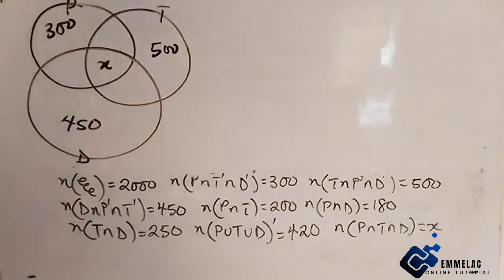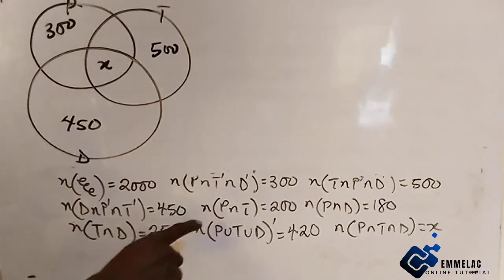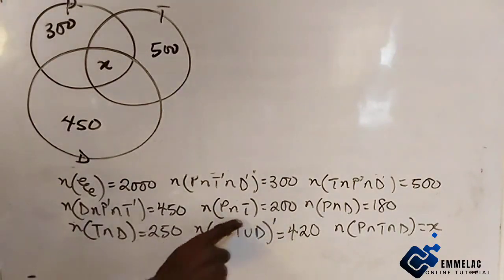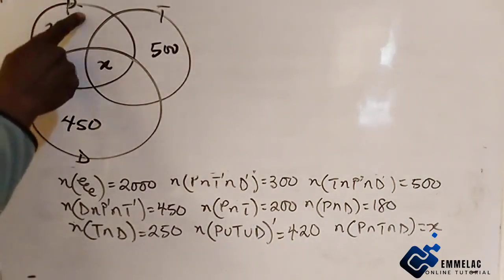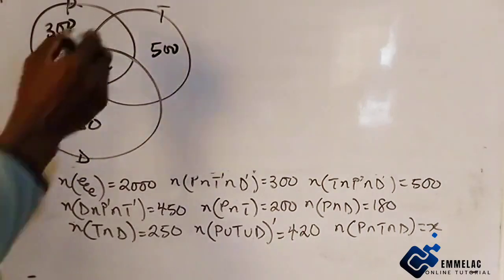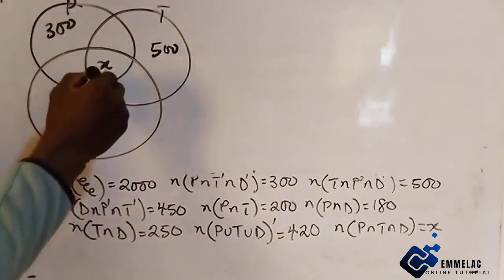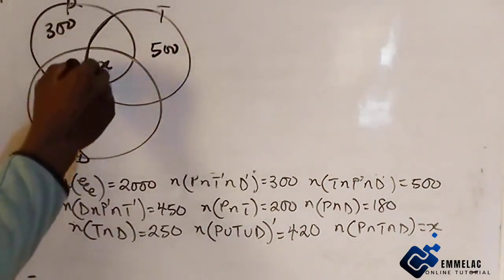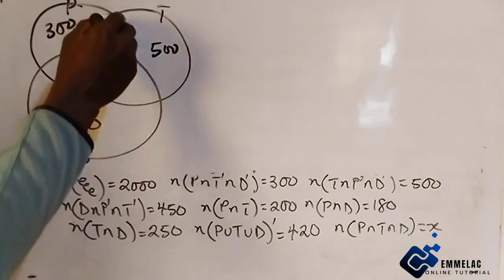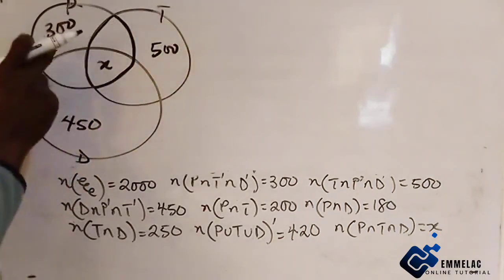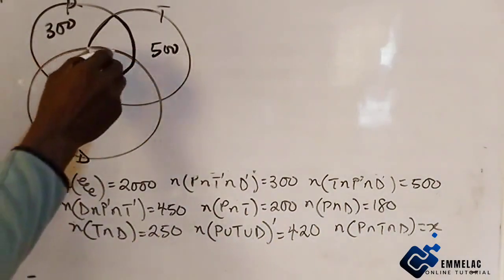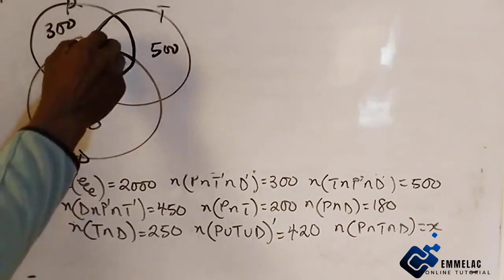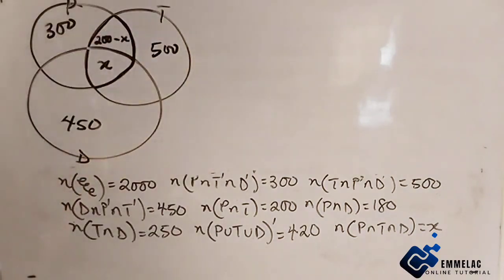Here P intersection T is 200, which means the whole of this region is 200. But out of it we have X, so the remaining part here will be 200 minus X.